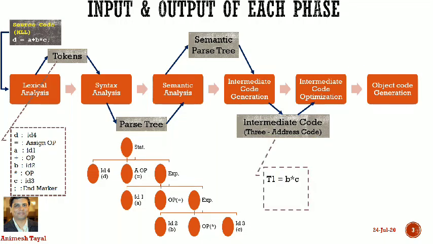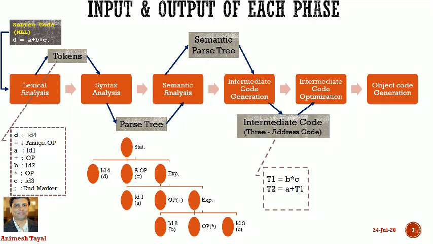First is B star C. B star C will multiply the values of B and C and store the result in a temporary register called T1. So intermediate code will create some temporary registers to store temporary calculations. So T1 is equal to B into C.